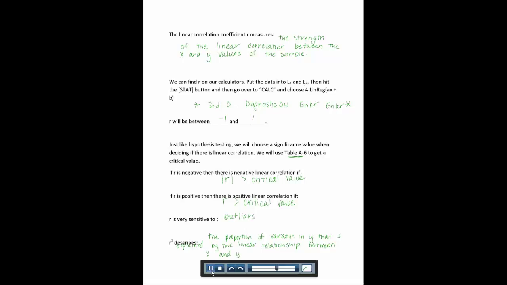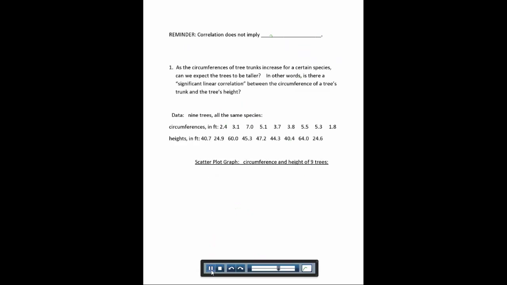So r squared tells us what percent of the change in y happens because y is related to x. How much can we base that change in y on x? And a really important reminder when we're talking about correlation is that correlation does not imply causation. Just because two things correlate doesn't mean either one of them has to cause the other.